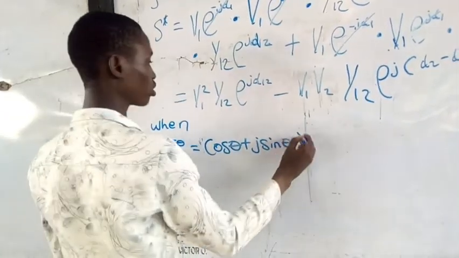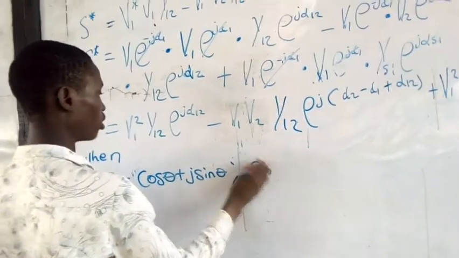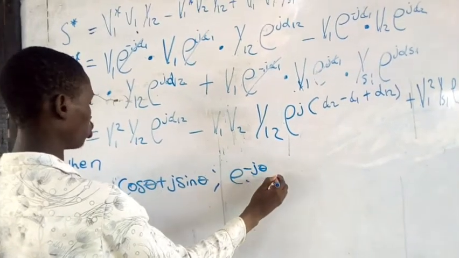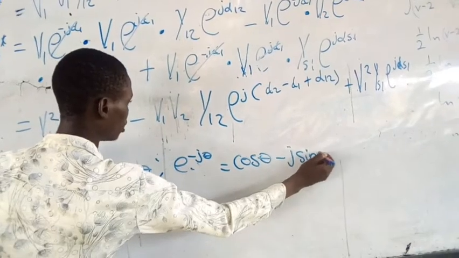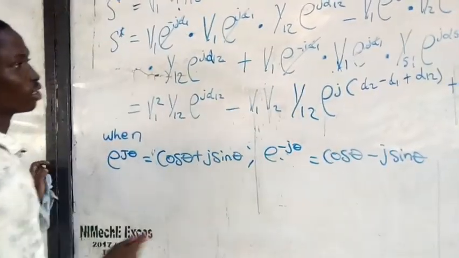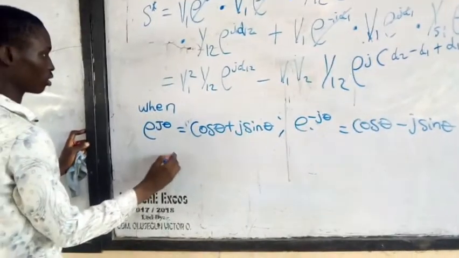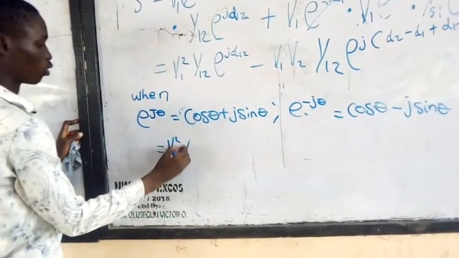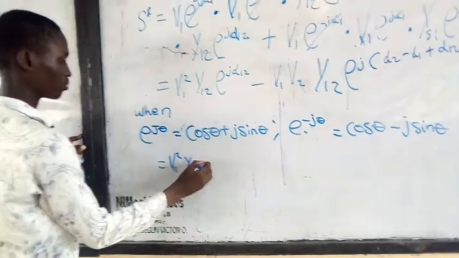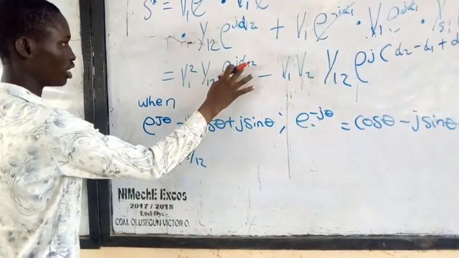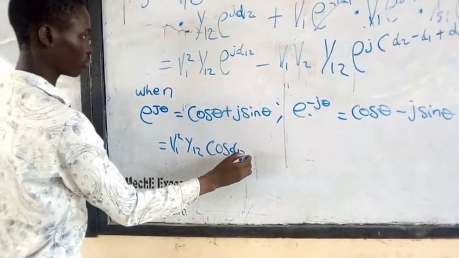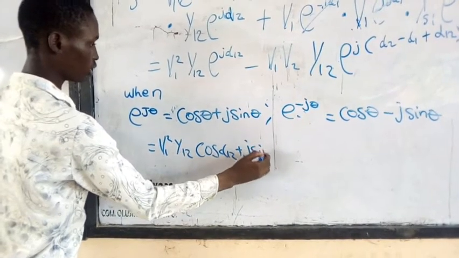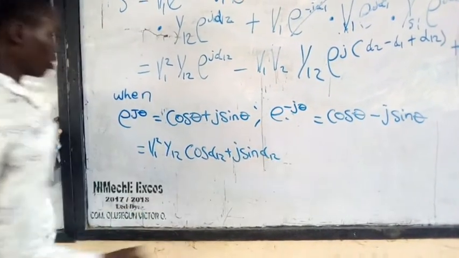And when it's having minus j theta, it will be equals to cos theta minus j sin theta. But here I think all is having positive numbers. So we have from here v1 squared y12, then instead of e j d12, we have cos d12 plus j sin d12.